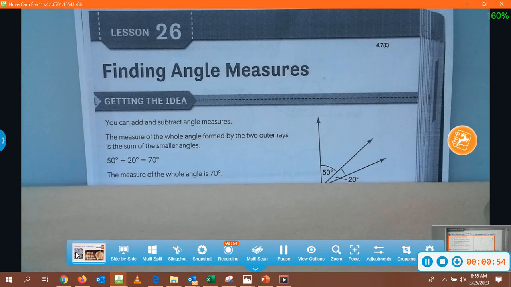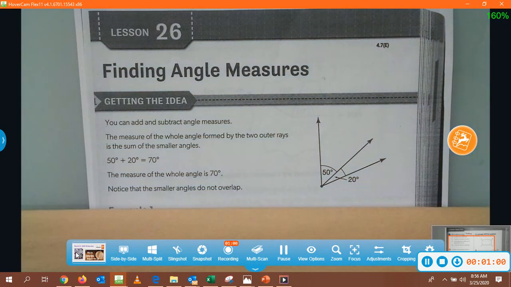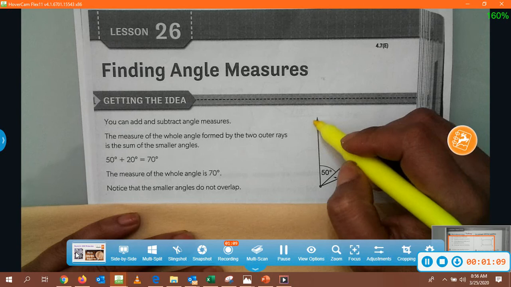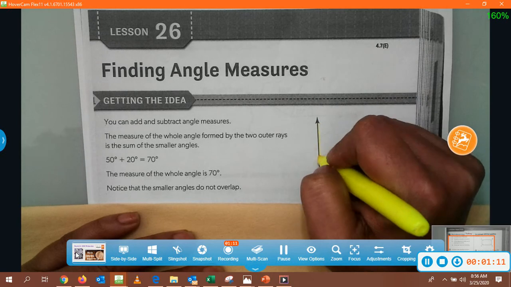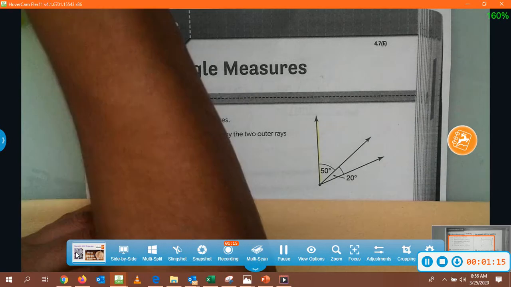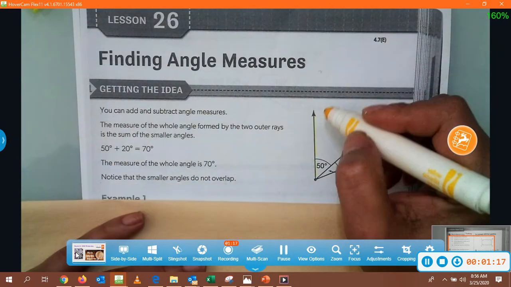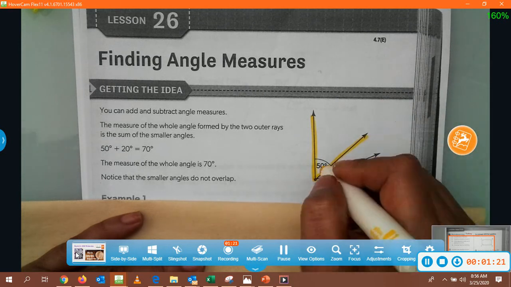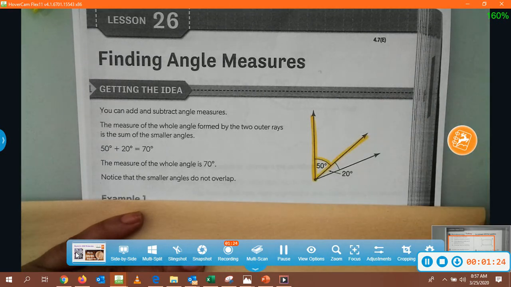You can add and subtract angle measures. The measure of the whole angle formed by the two outer rays is the sum of the smaller angles. So, what they're saying, this angle right here is measured at 50 degrees.